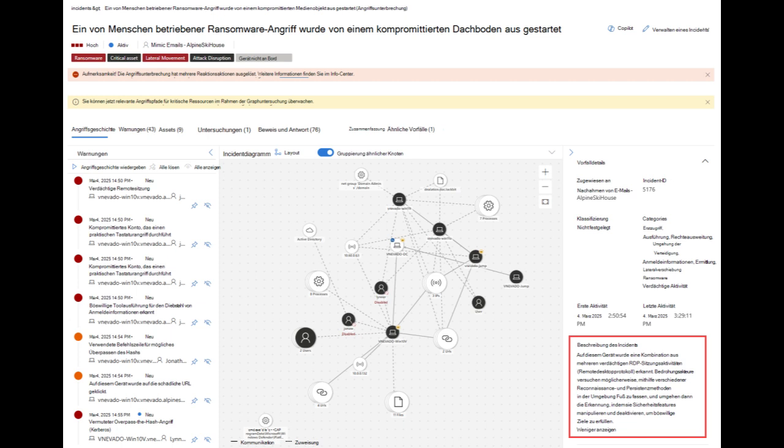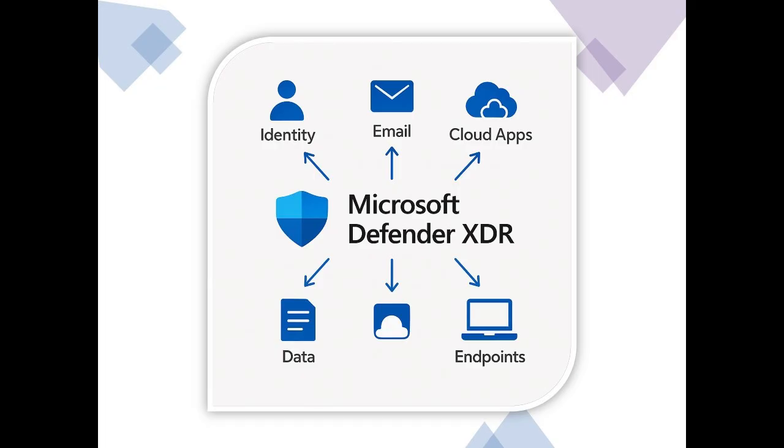It shows a graph of where it is connected, which endpoints are connected with this particular threat or virus, and also whether it is connected to cloud applications. It shows the graphical representation, correlates the data, and gives users the complete graph.